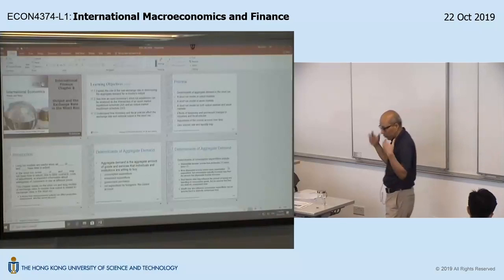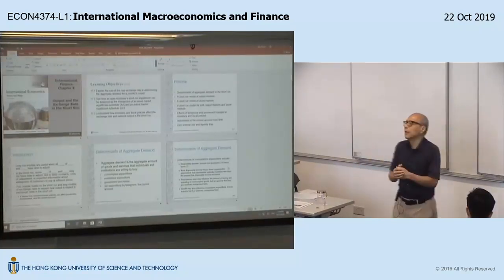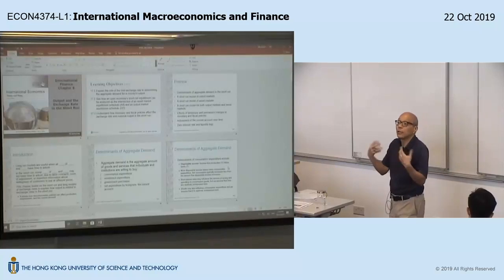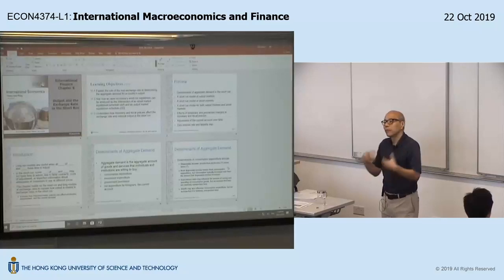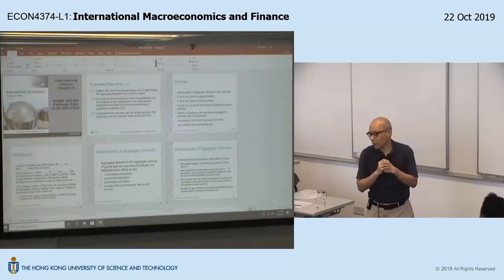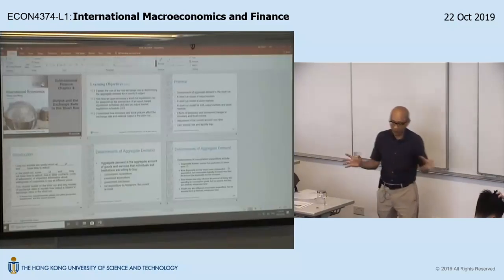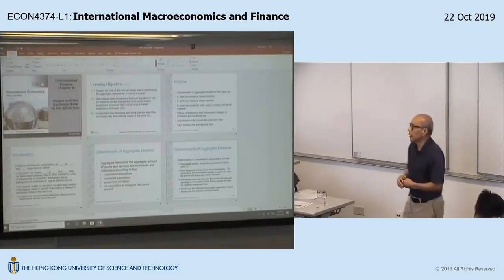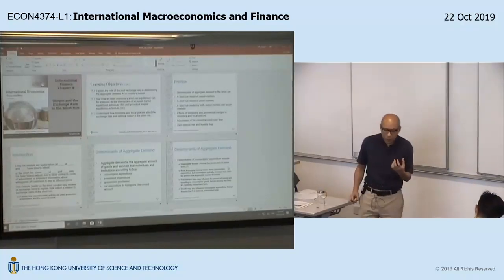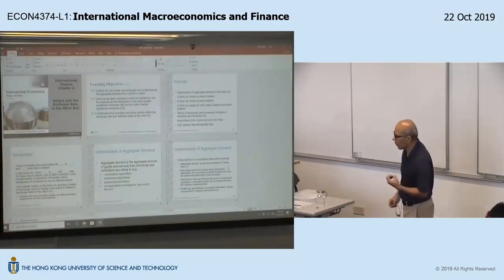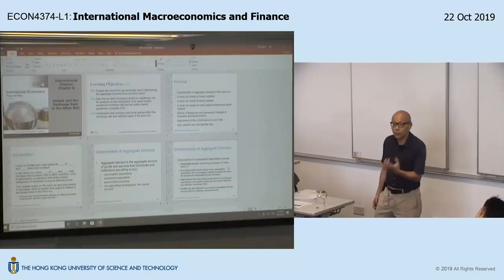If there's a permanent change in money supply, how is it going to affect the interest rate in the short run, interest rate in the long run, price level in the short run, price level in the long run, exchange rate in the short run and exchange rate in the long run, and things like that, right?